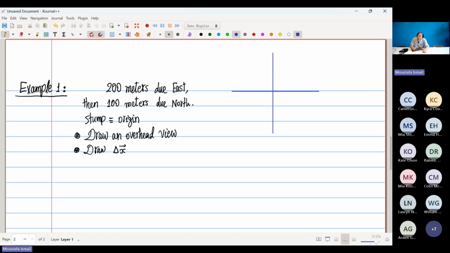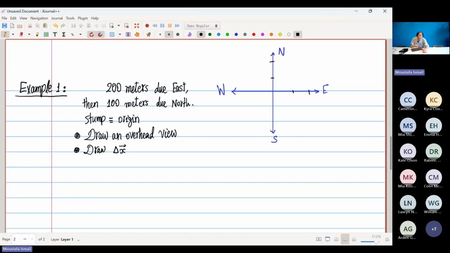Okay, so north, south, east, west. Okay, so 200 meters due east. Let's break our grid to be of units of 100. So this is 100, this is 200, this is 100, this is 200 meters.